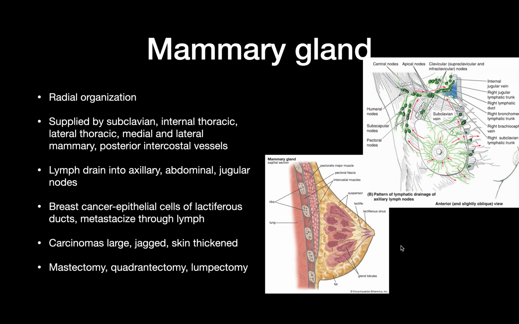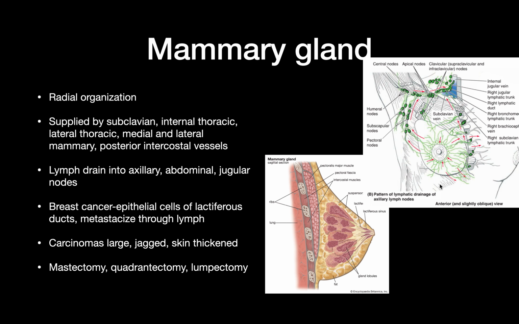The problem with breast cancer is that the epithelial cells of the lactiferous ducts around here will infiltrate and metastasize through the lymphatic channels because, as you can see here, the lactiferous sinus and ducts are very, very close. And since there are no valves in the lymphatic vessels, they can spread essentially everywhere.